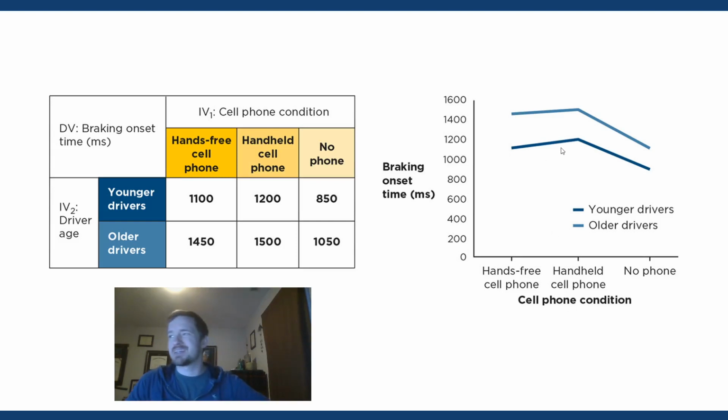But honestly, it's not really that big a difference. And so when we're thinking about safety concerns, we can see that hands-free doesn't really make that much of a difference compared to handheld cell phones when we're driving.